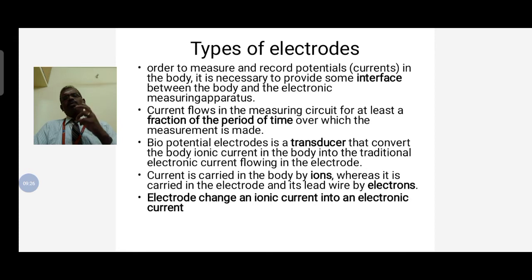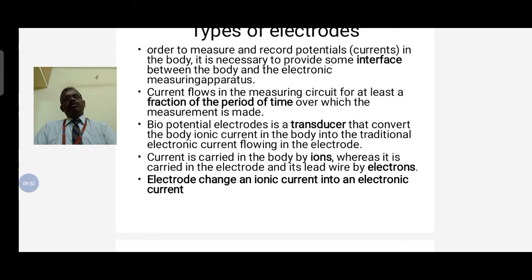Electrodes provide an interface between the body and the electronic measuring apparatus, with current flowing through the measuring circuit for at least some fraction of the period of time over which a measurement is made.